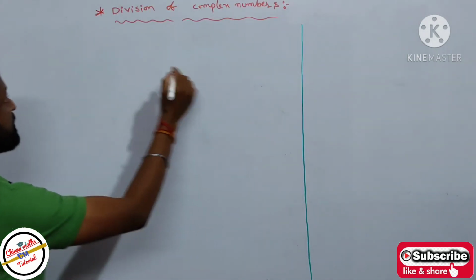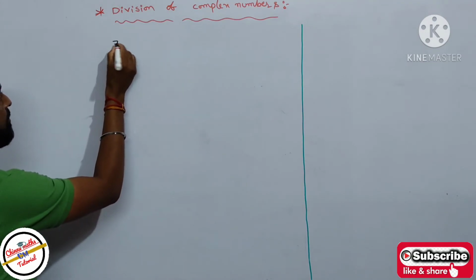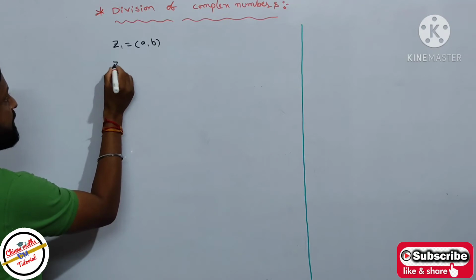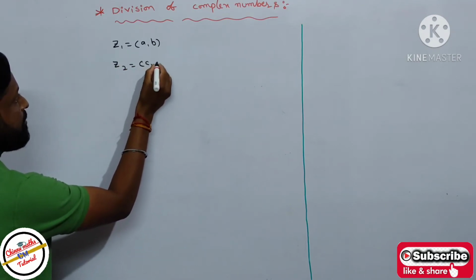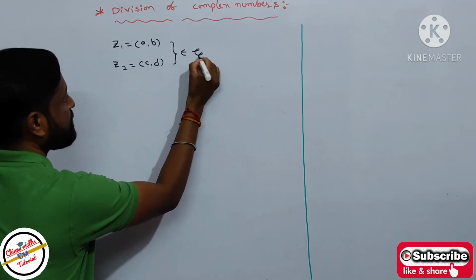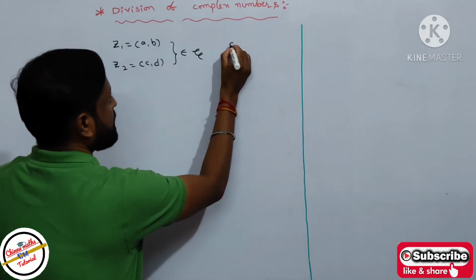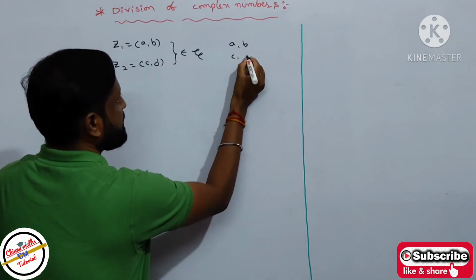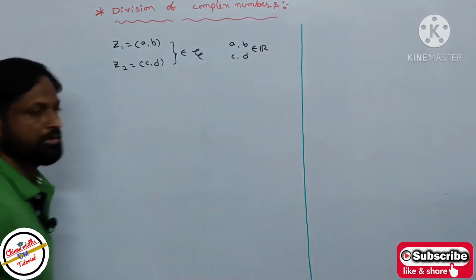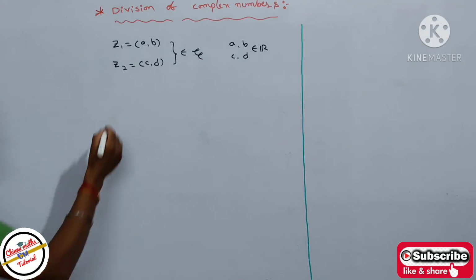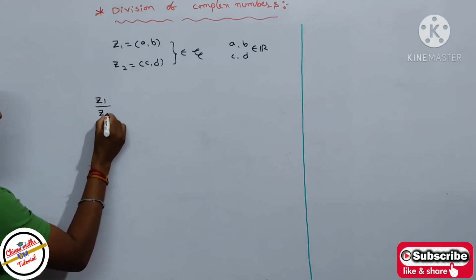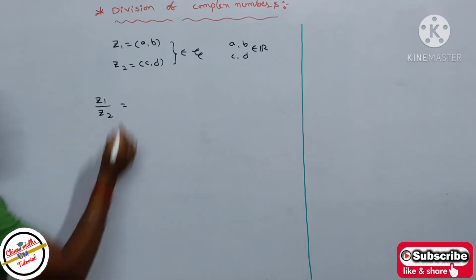Division of complex numbers: I will take the complex numbers z1 equal to a comma b and z2 equal to c comma d. These two belong to the complex numbers, and a comma b, c comma d belong to the real numbers. Next, division means z1 by z2 equal to, what is z1?